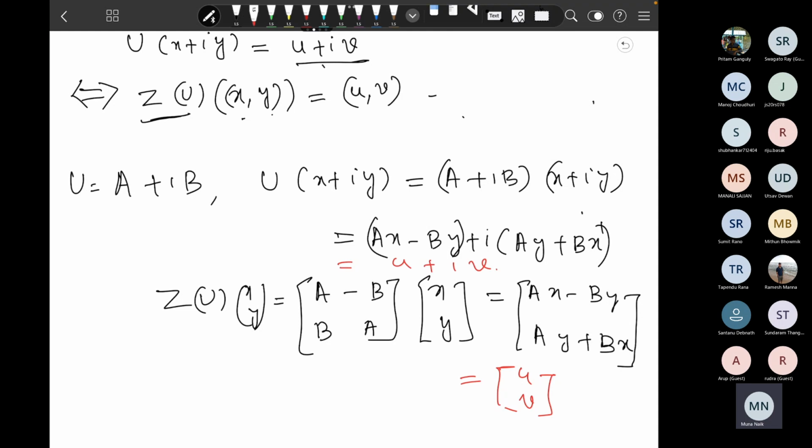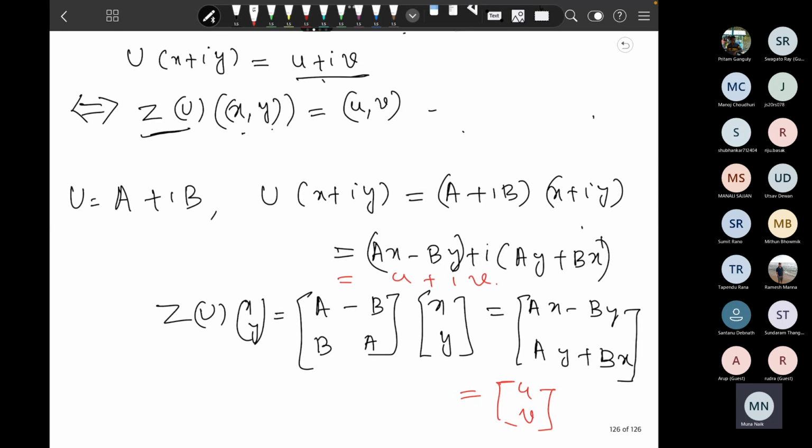So that's what I am writing: U of X plus iY is equal to U plus iV if and only if ZU applied on XY is equal to UV. So this is clear, I guess.